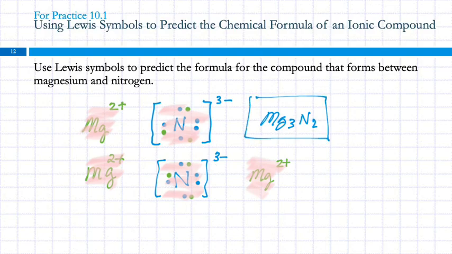Because that's the lowest ratio of those elements in order for it to be good. Any questions? So that's what's behind the whole crisscross idea, or least common multiple, or however you're thinking about making ions.